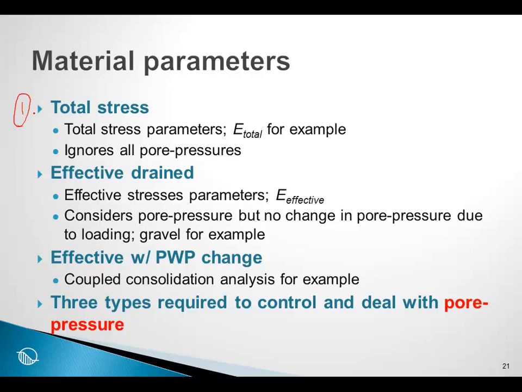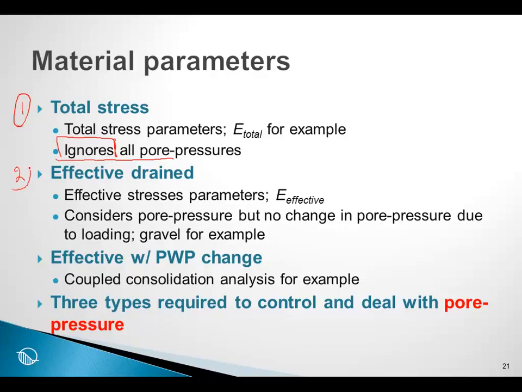This category of material properties ignores all pore pressures. The whole idea of this category is that we do not want to deal with pore water pressures. And when we assign a material with these parameters to a region, then SIGMA/W assumes that the pore pressure is undefined.